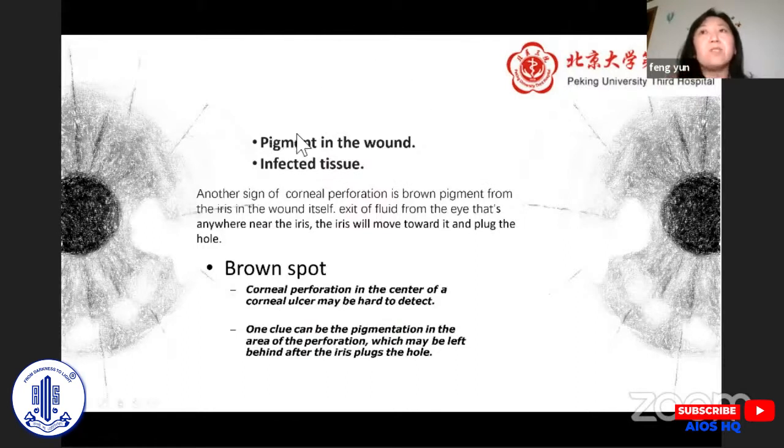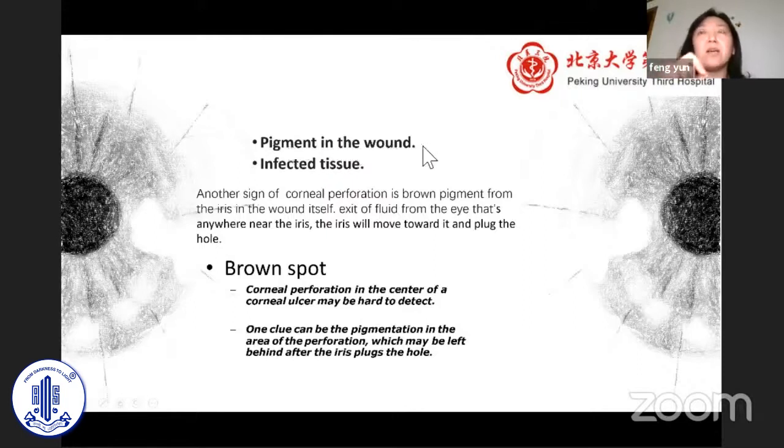In this meeting, I want to emphasize a less common presentation where the anterior chamber is not shallow, and it seems there is nothing special. It's just thinning of the cornea, but there is a big pigment on the wound.